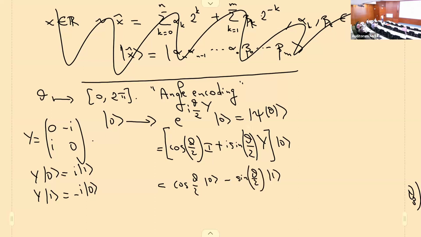So that's very handy because now my data is encoded into the amplitude of the state. One thing I want to emphasize here is that the way the data is encoded is nonlinear. Obviously, from theta, you get to cos theta or sine theta.